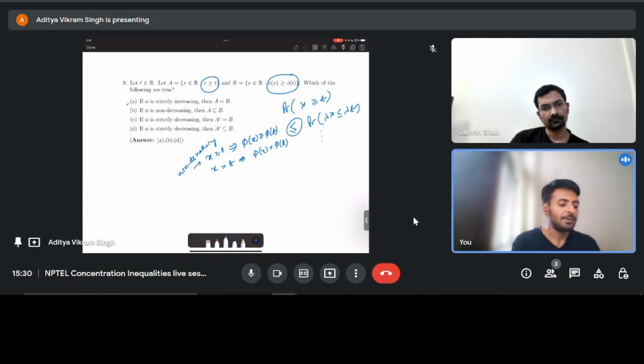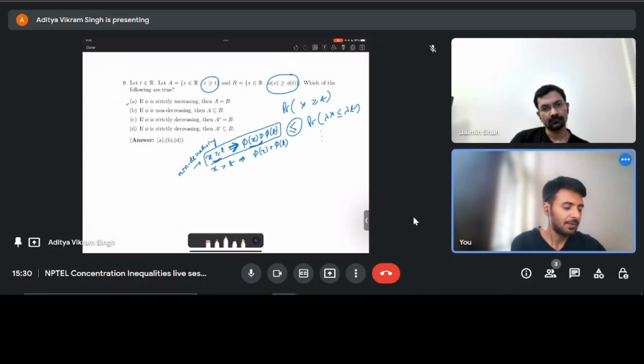So if phi is non-decreasing, then A is a subset of B. Again, this comes from x greater than or equal to t implies that phi x is greater than or equal to phi t, right? So in general, when you have this implication, this means that this set is a subset of this set.